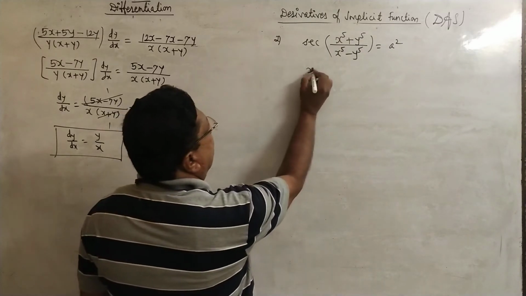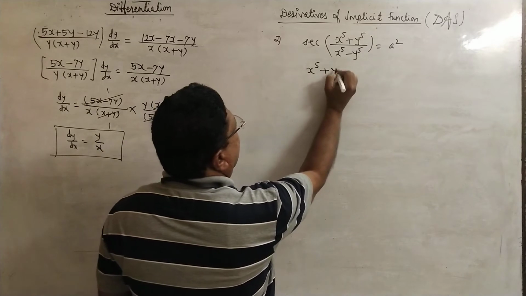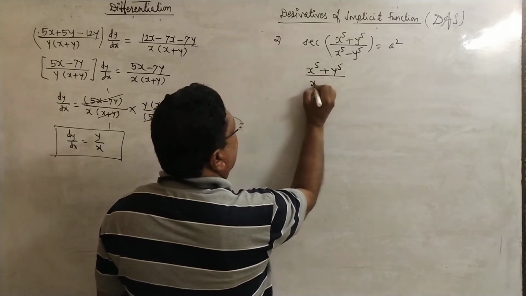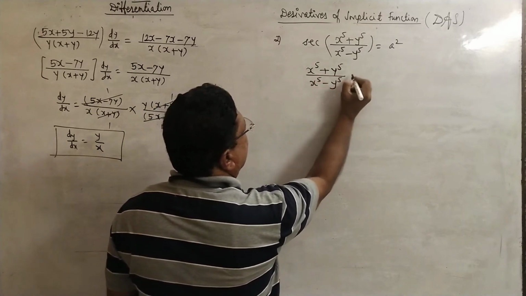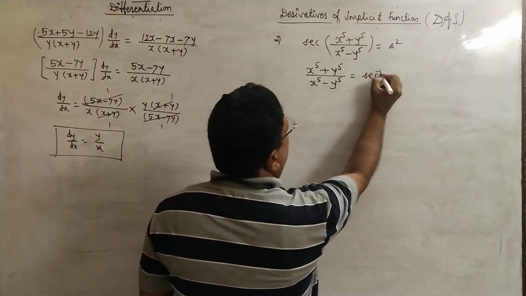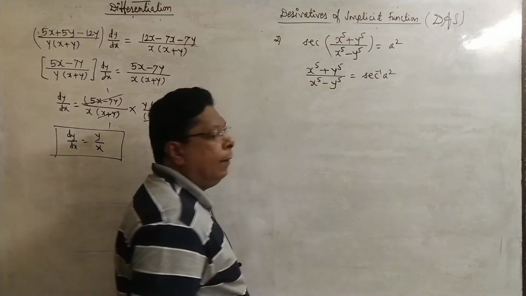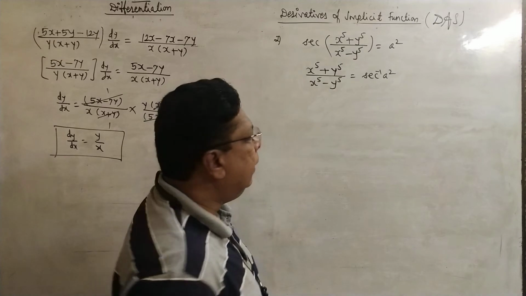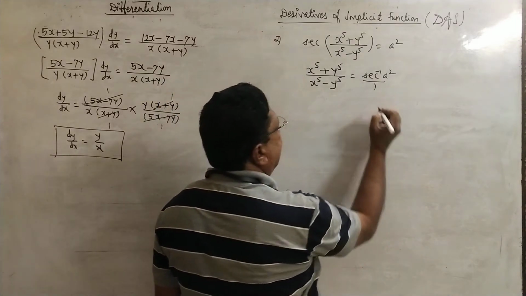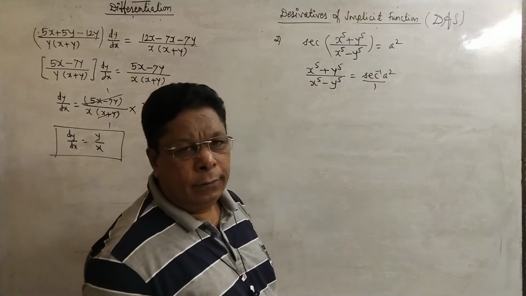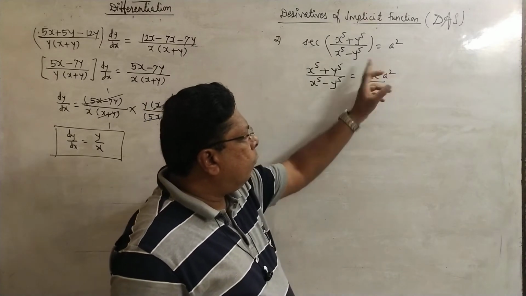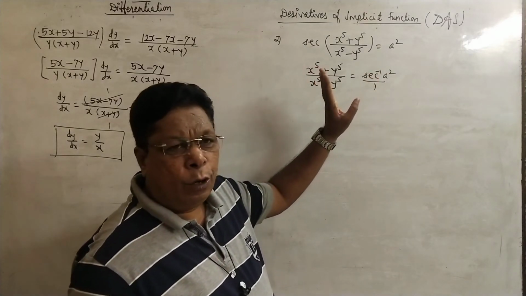So this becomes x raised to 5 plus y raised to 5 upon x raised to 5 minus y raised to 5 equal to sec inverse a square. Denominator is 1. A square is a constant, so sec inverse a square is also a constant.